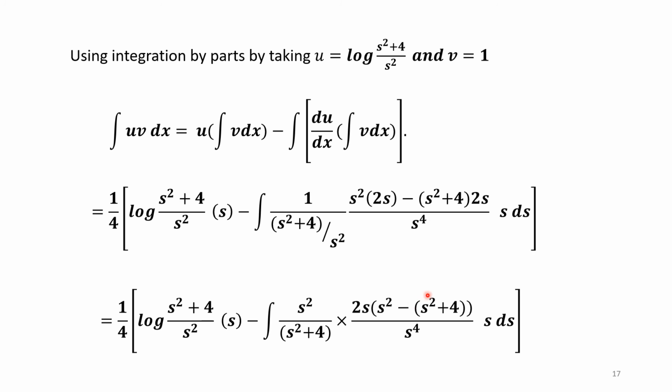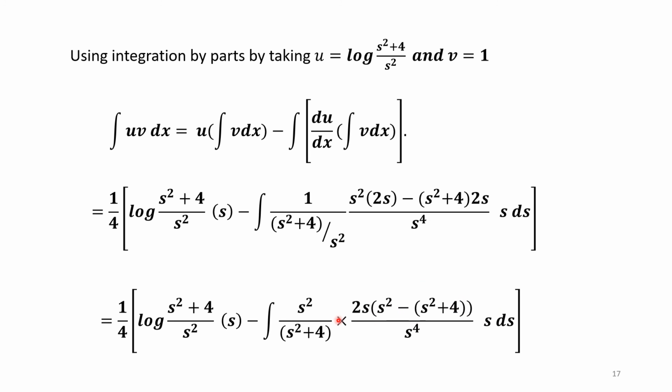So this s square and s square will get cancelled. And here also we have s and 2s, so totally even s raised to 4 also gets cancelled. We will have only the term minus 8.